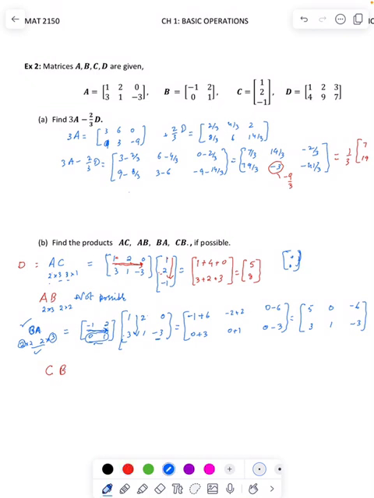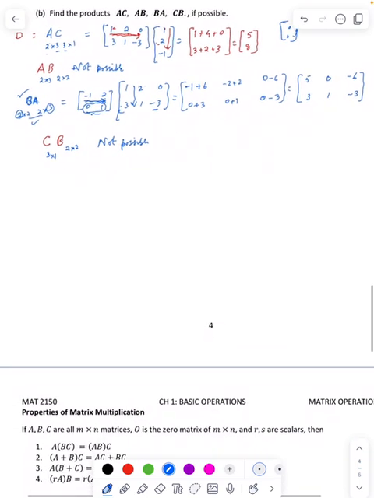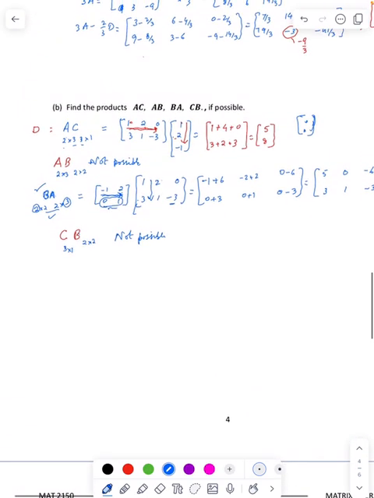The order of C is 3 by 1, and the order of B is 2 by 2. So this is not possible. Okay, so this is how we do the matrix multiplication. We'll talk about the other stuff in the next video.